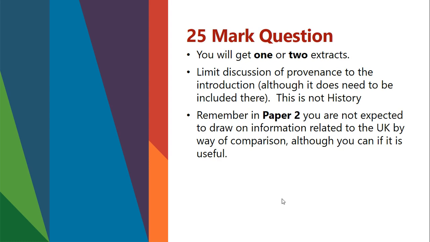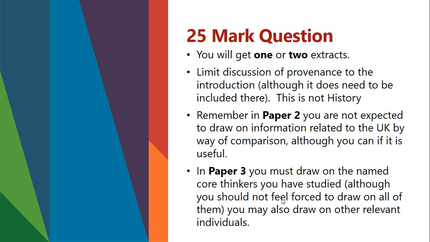It's not history, so you don't need to give detailed analysis of the provenance, but you need to mention it. And in paper 2, you are not expected to draw on information related to the UK by way of comparison, but you can if it's useful. But in paper 3, you must name the core key thinkers that you've studied. You shouldn't feel forced to draw on all of them. You may draw on certain ones of them or other individuals.